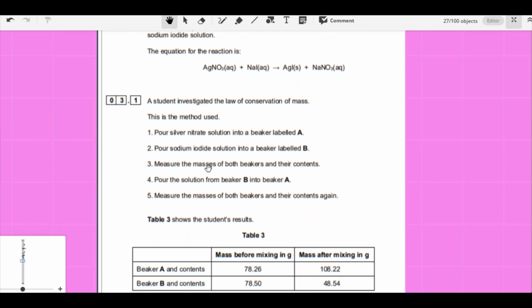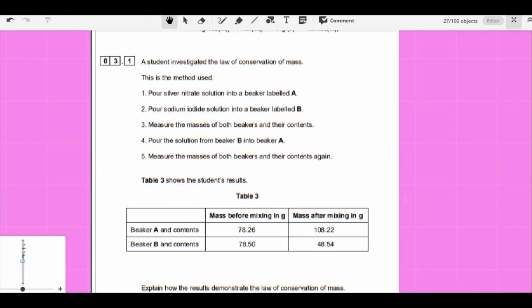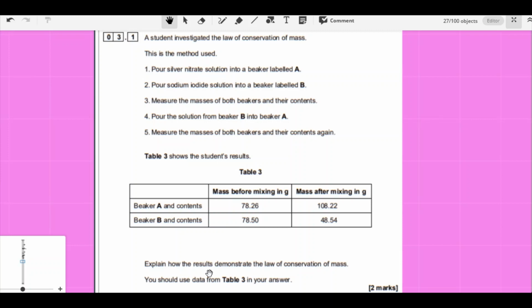Now the question: a student investigated the law of conservation of mass. Here all the information is present. Explain how the results demonstrate the law of conservation of mass. You should use data from table 3 in your answer.